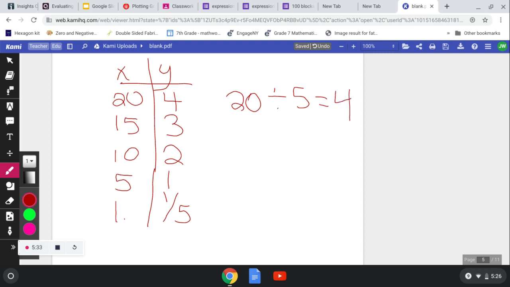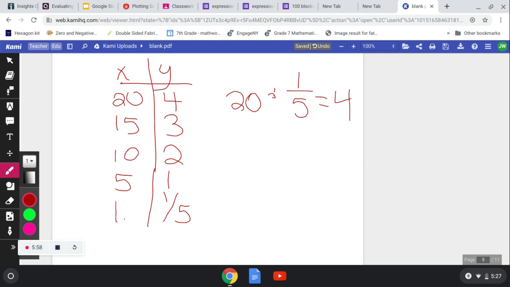But remember, I don't like this dividing, so I need to change that to a multiply. When I do that, I'm going to take the reciprocal of this 5. Now, 5 was a fraction of 5 over 1, so when I multiply, it's actually going to be multiplying by 1/5. So we're going to multiply by 1 over 5.